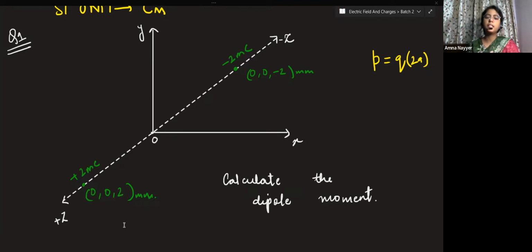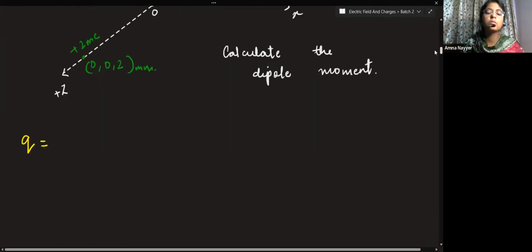See, plus minus you are not concerned with. You just have to take the magnitude. So Fatima, will I only write 2? Is the charge given 2? Will writing 2 be sufficient? 2 coulombs. Is 2 coulomb given to me?